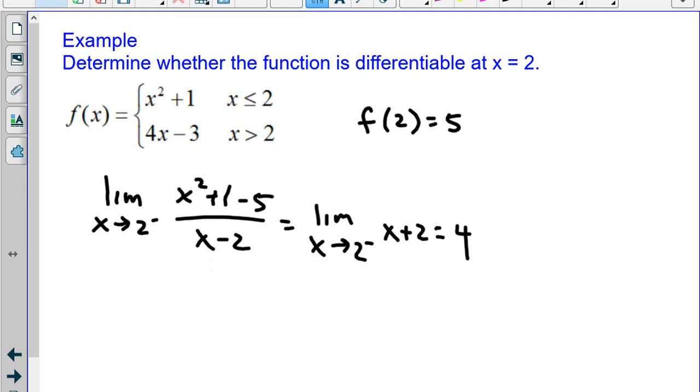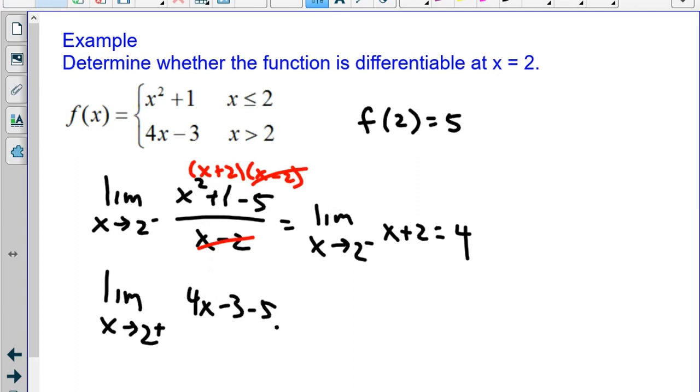So what we have is the numerator is going to turn into x squared minus 4, which factors into x plus 2, x minus 2. Those cancel, we make a substitution, and we get 4. If we look at the limit as x approaches 2 from the right of the derivative, we get the function minus 5, since both of the values of the function are 5, divided by x minus 2.